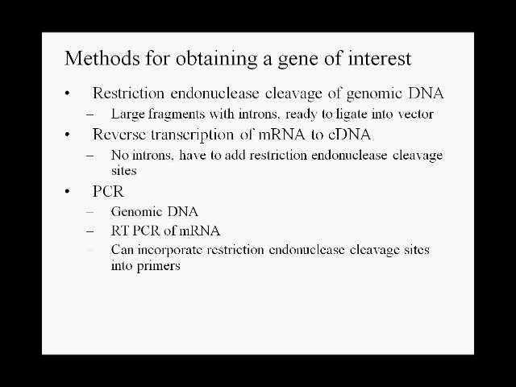And once you know what sequences you're actually looking for in this already sequenced genome, then we have a number of options. One is to look for what we call restriction endonuclease cleavage sites in the DNA, and we will talk about that next. These sites will allow us to precisely cut DNA at those sites.